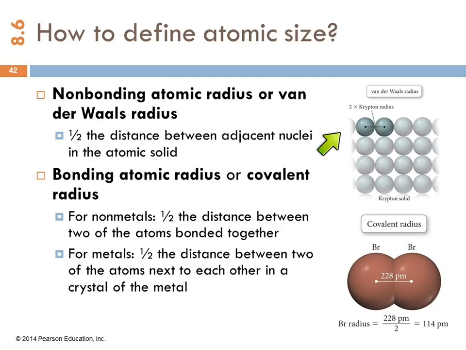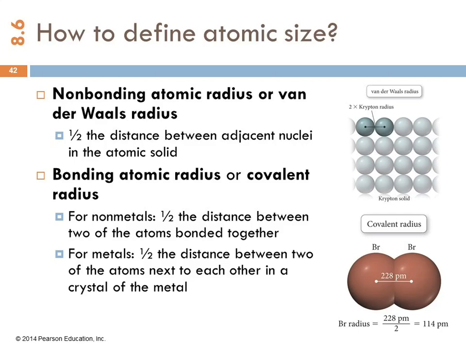And so you look at the solid, and they use techniques like X-ray diffraction and different things like that to figure out this distance. But you look at the distance between the two nuclei, and you divide that in half, and you say that's the radius of the atom. So that kind of makes sense, right?